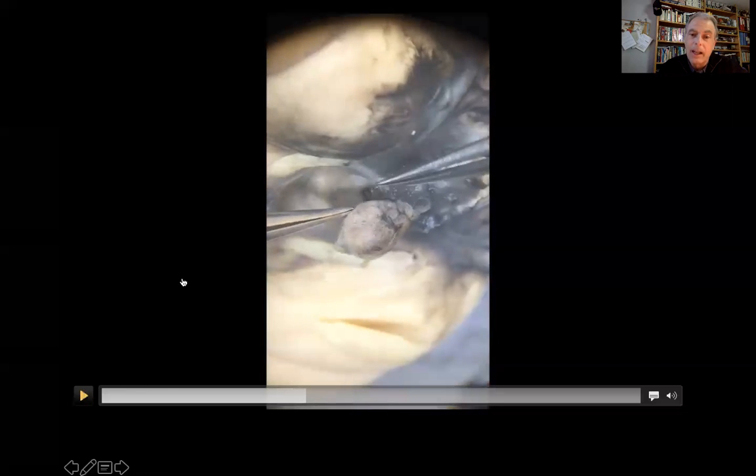Remember that the hypophysis is not surrounded by leptomeninges. However, all these vessels are inside the subarachnoid space. This is important to notice. So all these hypophyseal vessels cross the arachnoid in order to reach the hypophysis.